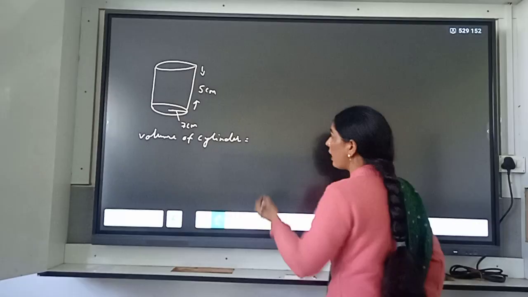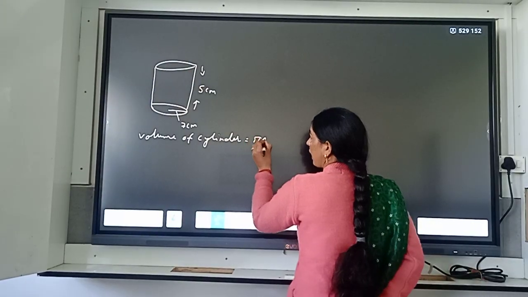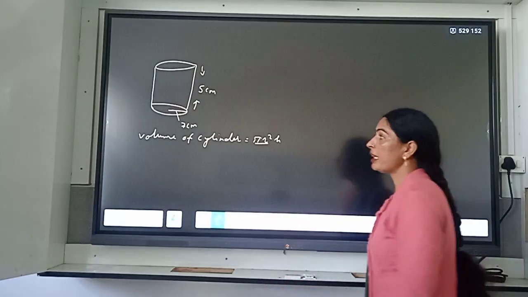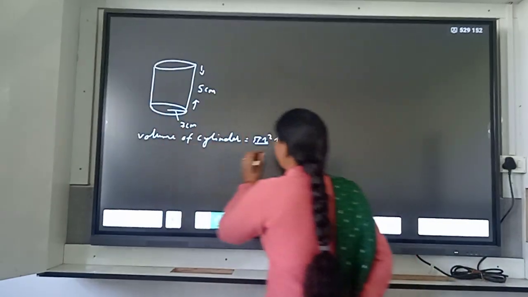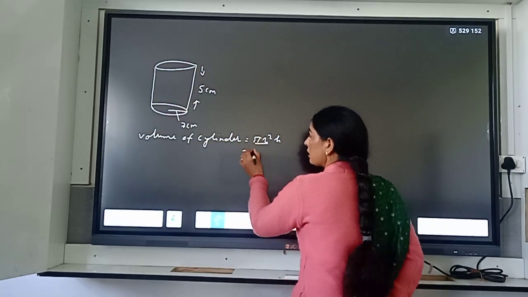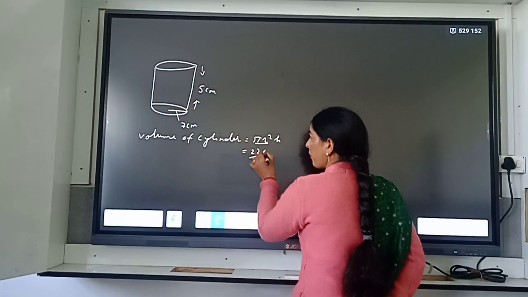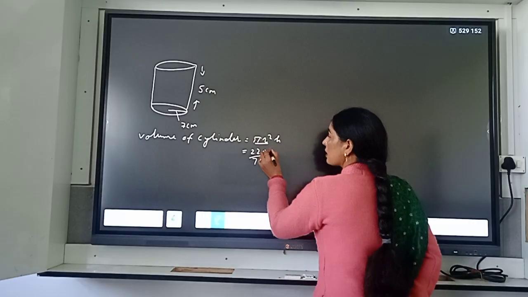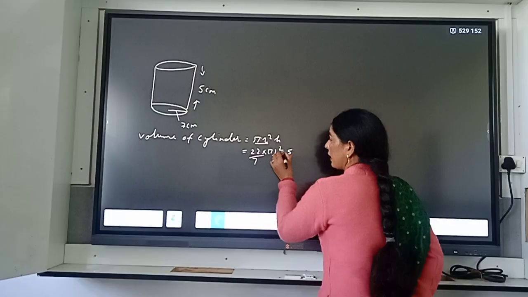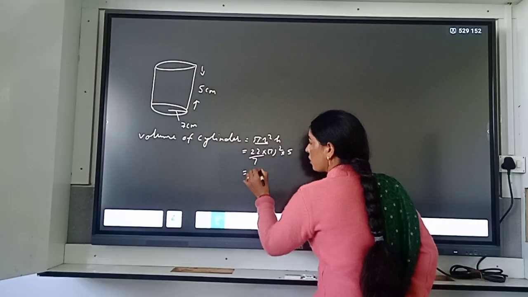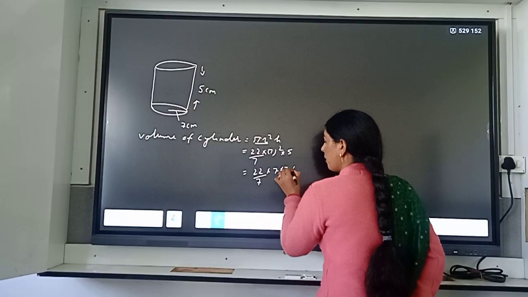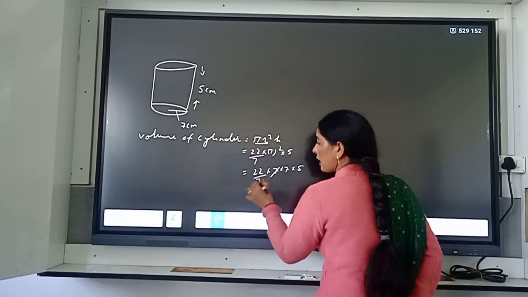Firstly, write the formula: pi r square h. Pi r square means area of base, h means height. Now we put the values. Pi value is 22 by 7, r square is 7 square, h is 5. So now we solve it. 22 by 7 multiply 7 multiply 7 multiply 5. 7 and 7 cancel.